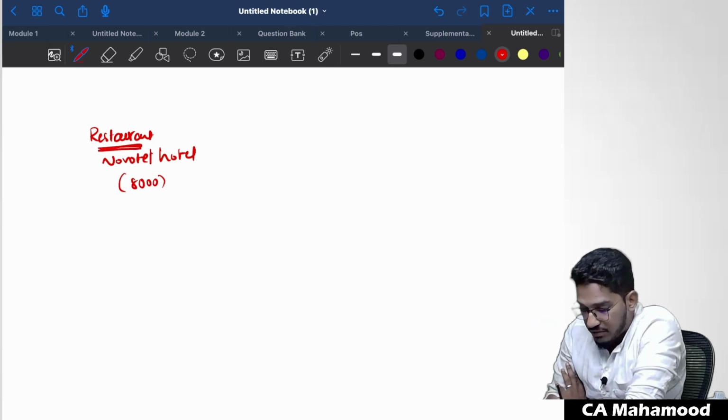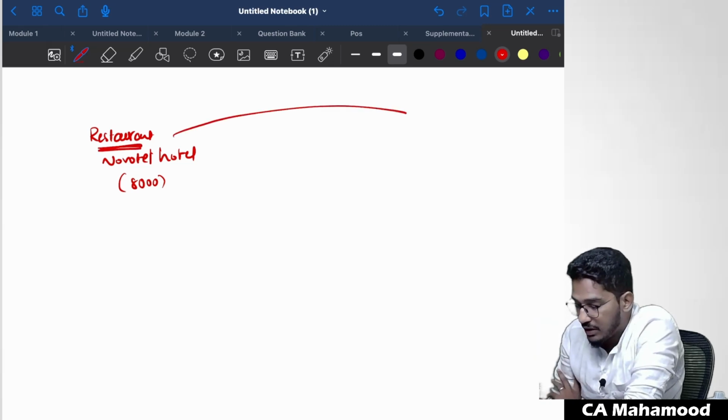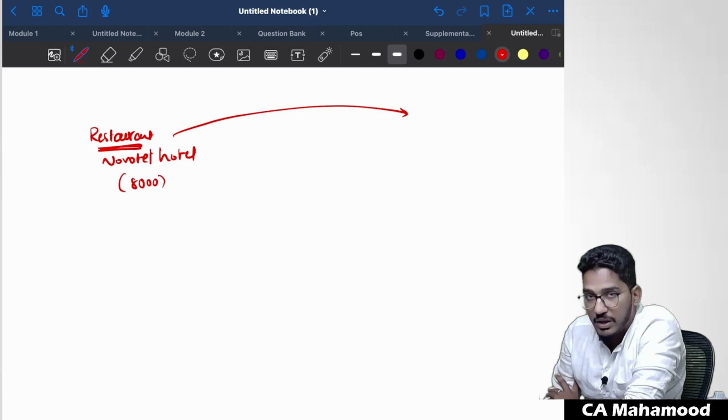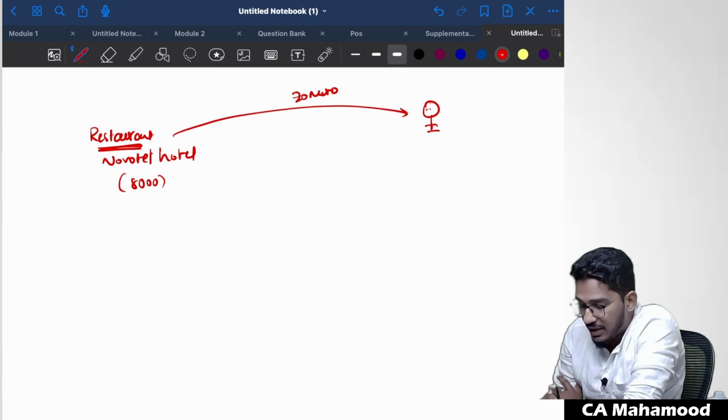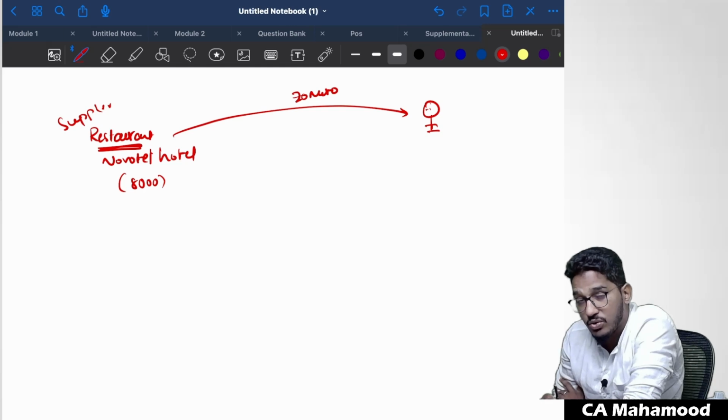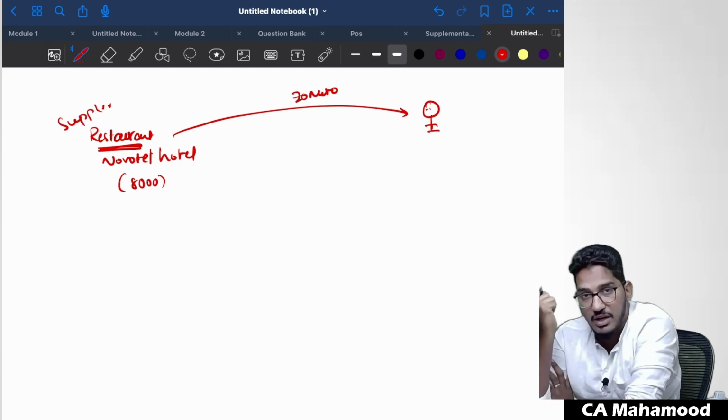So this restaurant, which is located in the Novotel Hotel, is making a supply of food through Zomato. Now, one recipient has placed an order on Zomato, and the supplier of that food is the restaurant located at this Novotel Hotel, which is charging 8,000 rupees for accommodation in their hotel.